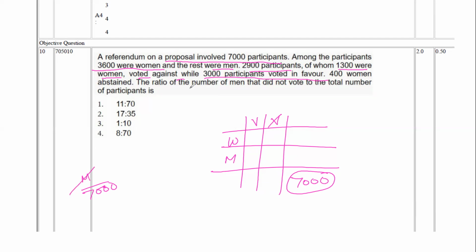So among the participants, 3,600 were women. So now we know this is 3,600 women, 3,400 men, the rest were men. 2,900 participants, of whom 1,300 were women, voted against, while 3,000 participants voted in favor.